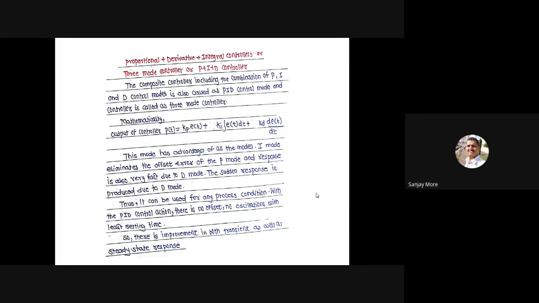Here the output is Kp, gain constant of proportional, into error, plus Ki, gain constant of integration of E of t dt, plus Kd, gain constant of derivative d by dt E of t, error. This is the combination of three control outputs: proportional controller plus derivative controller plus integral controller. This is the PID controller.